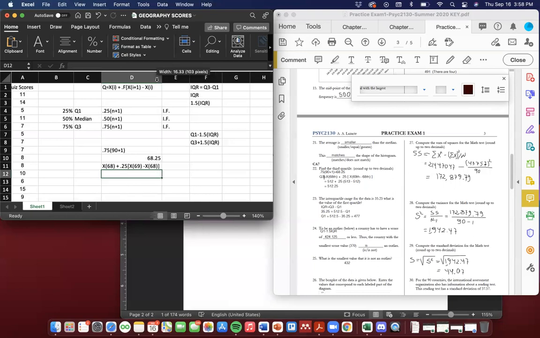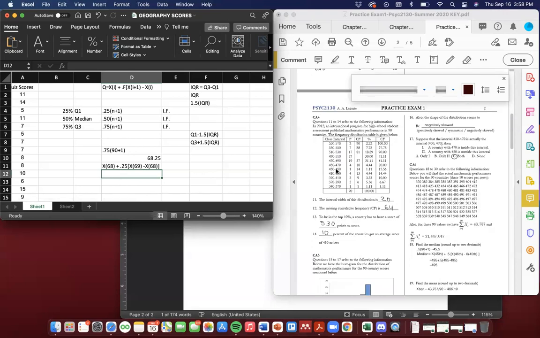So here is the confusing part, which is this number 68 does not mean that X is 68. It means the 68th X, the 68th number in the data set.